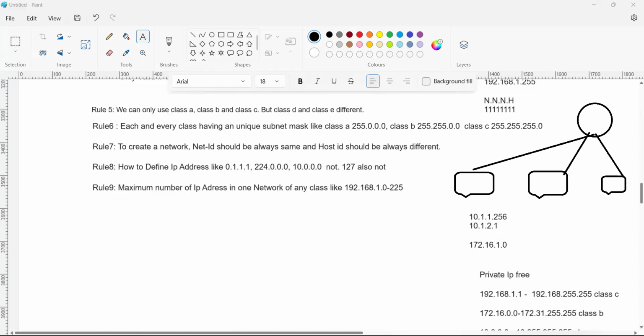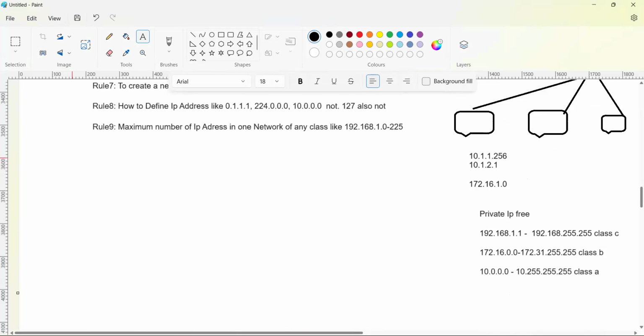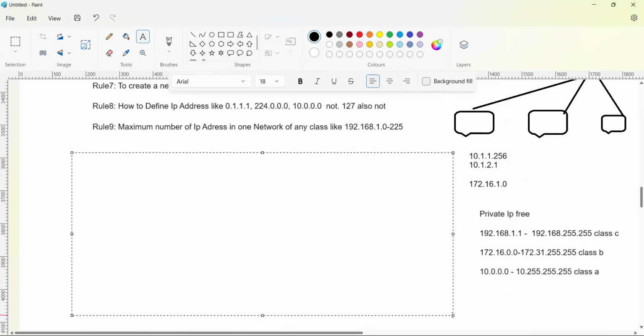Now move to the subnet mask. What is a subnet mask? As I mentioned before, the subnet mask is used for the range of valid IP addresses. Whichever valid IP address range is there, we'll use those subnet masks.